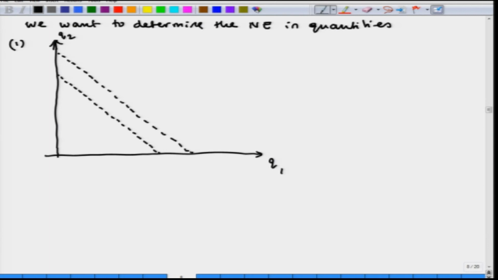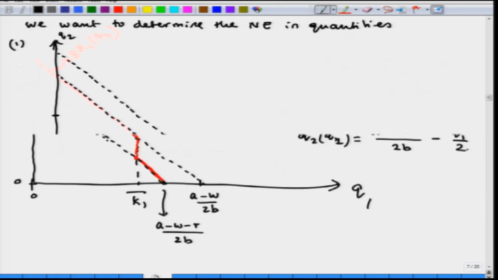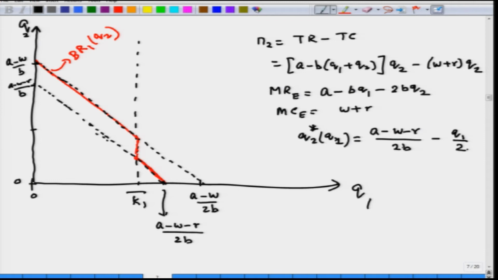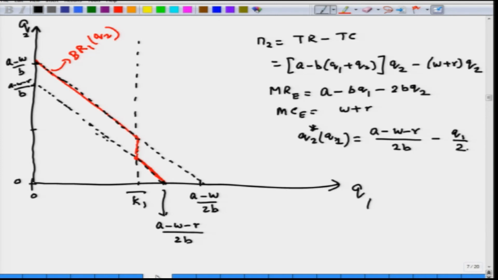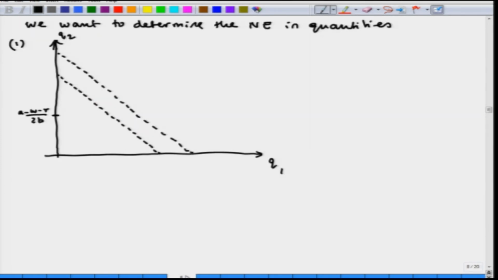So, in the first case we will take the kink and we are going to have firm 2's best response function, which is (A - W - R)/2B minus Q1/2. So, when Q1 is 0, this is (A - W - R)/2B, and when Q1 is equal to (A - W - R)/B, Q2 is essentially going to be equal to 0.